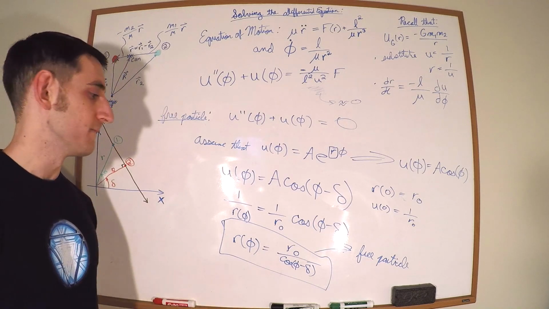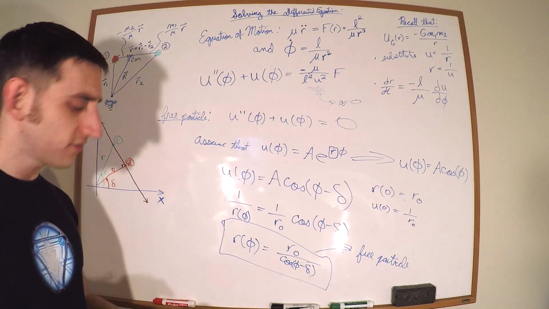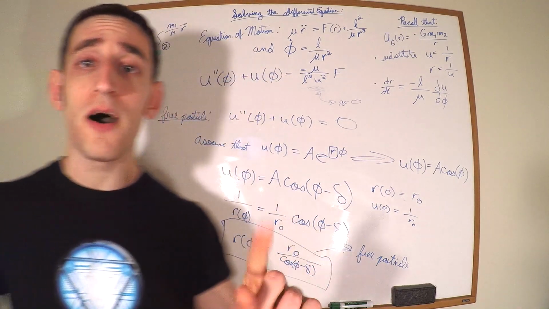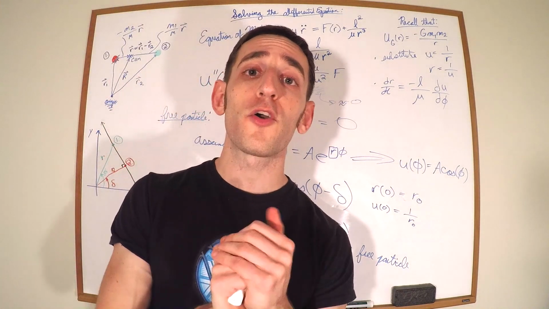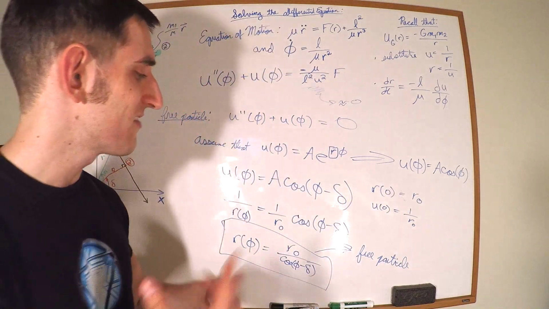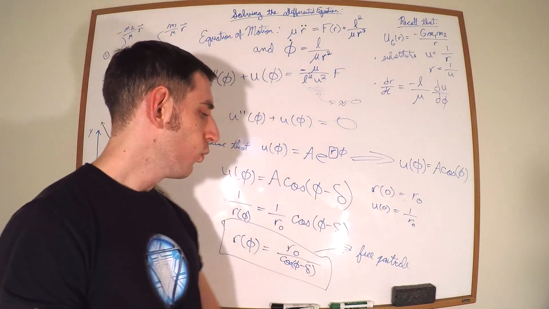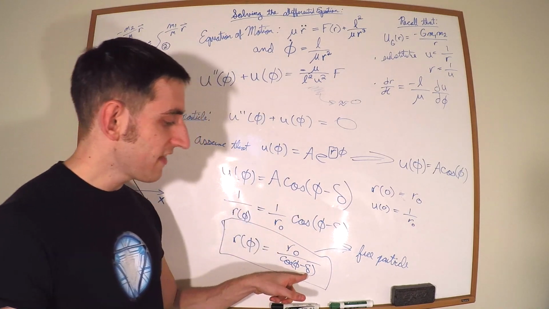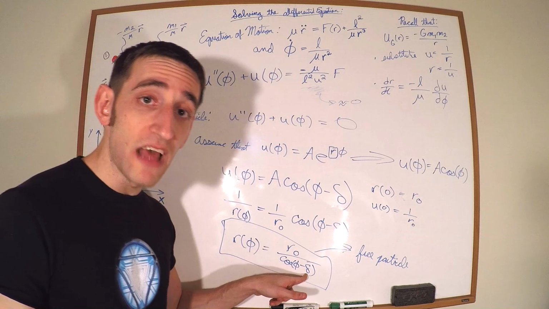What's going on here? So what I'm going to assert is that, yes, indeed, this is the equation for a straight line, but it is in polar coordinates. So let's take a look at what this actually looks like and see what we can figure out about it. Initially, I said that we're going to have an angle of delta.